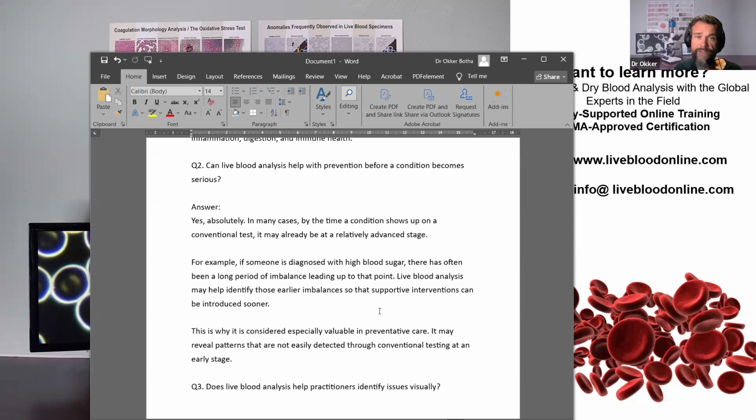But even in those cases, to make the actual diagnosis, one would still need to refer for conventional testing. The strength of live blood analysis lies not in diagnosing disease, but in working out the underlying causes, what imbalances at the cellular level have facilitated the development of a medical disease. In addressing those, we're then able to help clients a great deal.